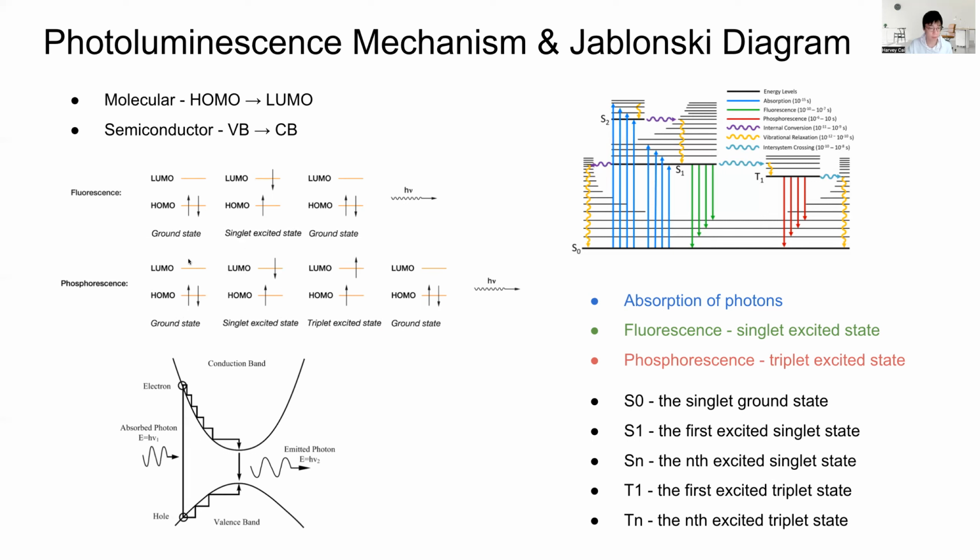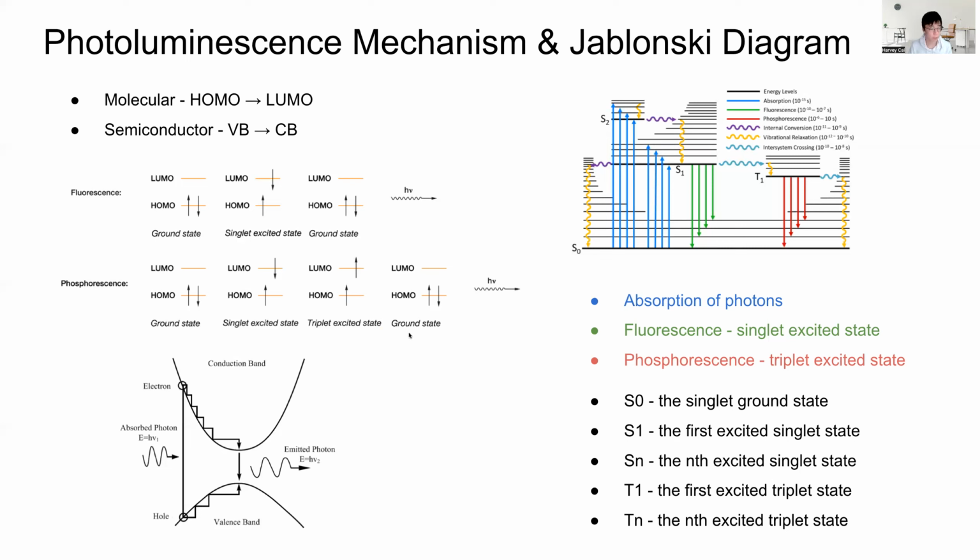The essential difference between these two photoluminescence effects is the state that the electron is excited to. For fluorescence, the electron is only excited to the singlet excited state, and for phosphorescence, it is further converted to the triplet excited state. And when it goes back to the ground state, it also emits light.